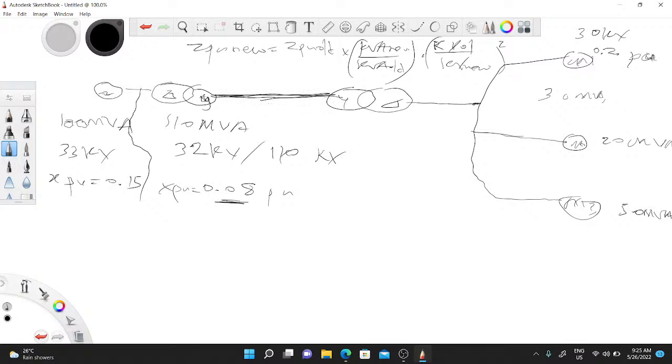And then we can also find the base quantities for the motor using this side. So how do we find the base quantities? Let's see.